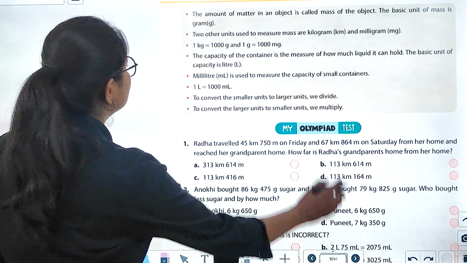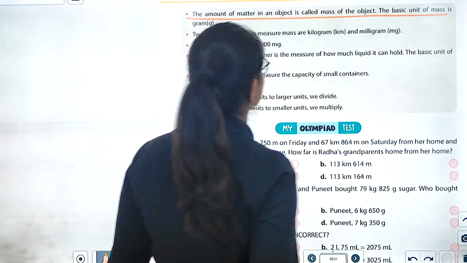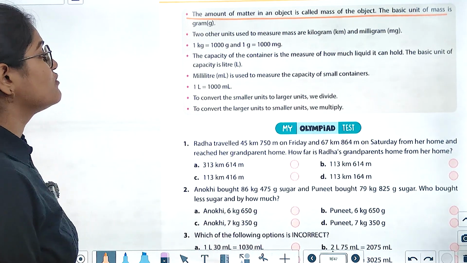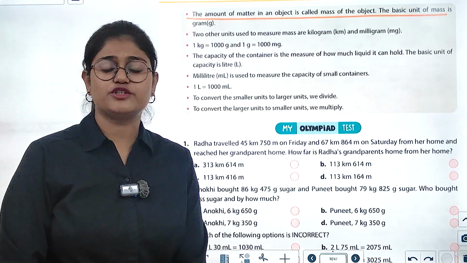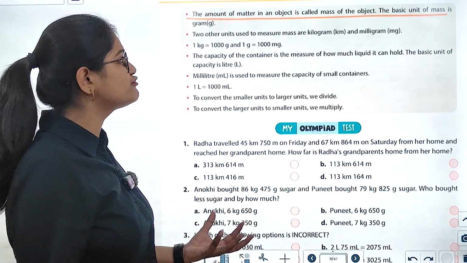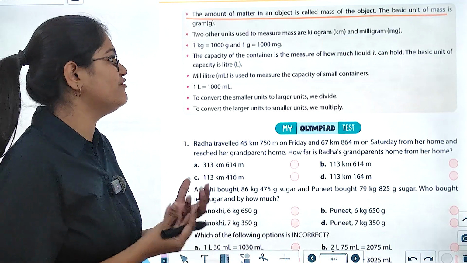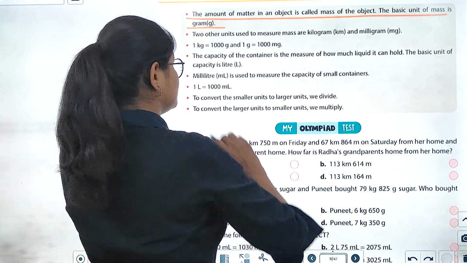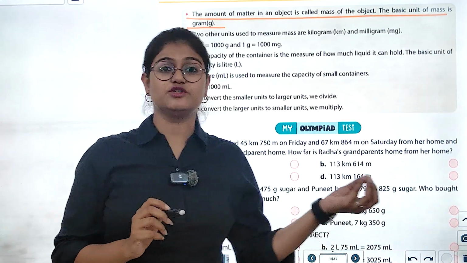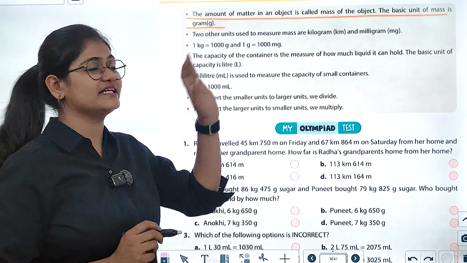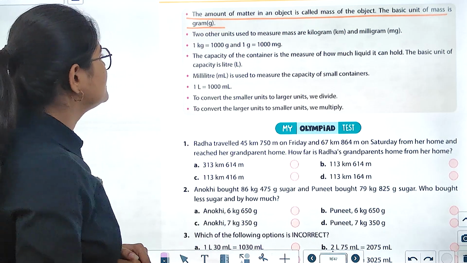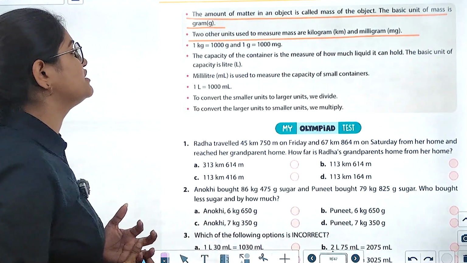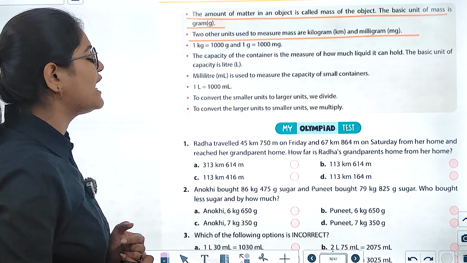Moving ahead, the amount of matter in an object is called the mass of the object. The amount of matter, that is, the amount of matter an object has is called the mass of the object, that is, its weight. The basic unit of mass is gram. That is, the unit in which we usually measure mass, that is grams. Then two other units used to measure are kilograms and milligrams.